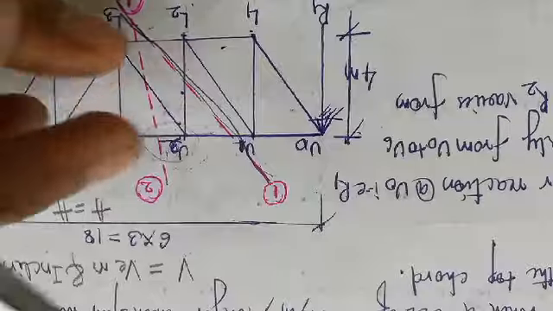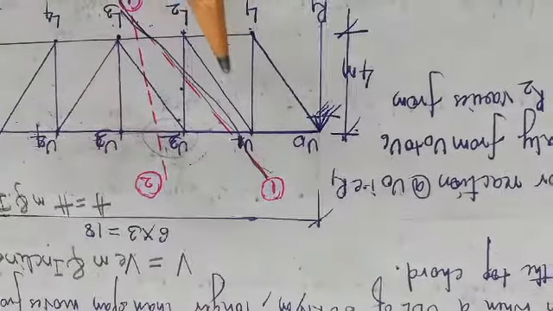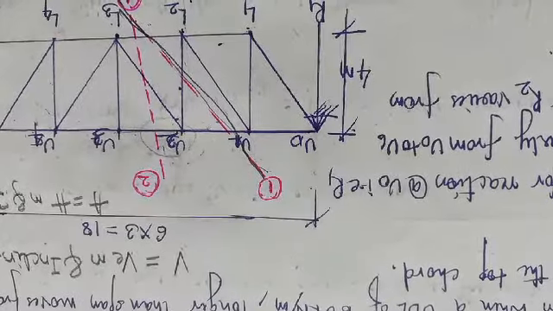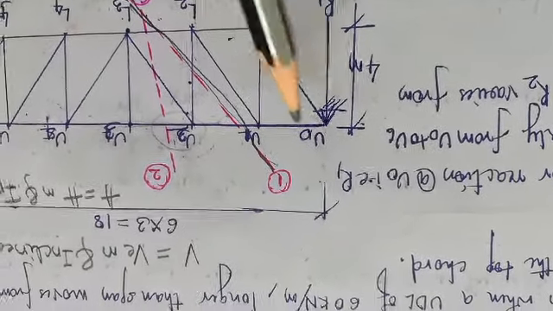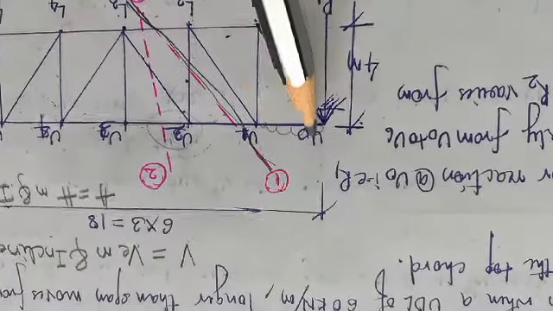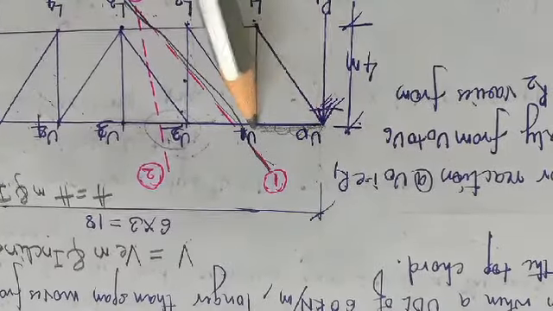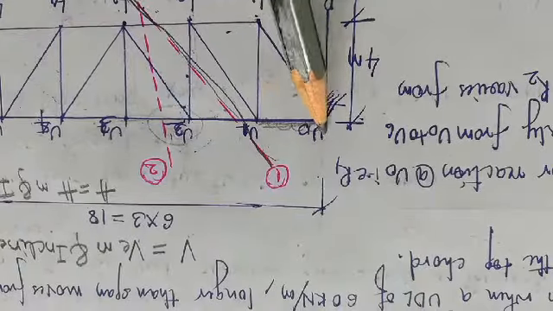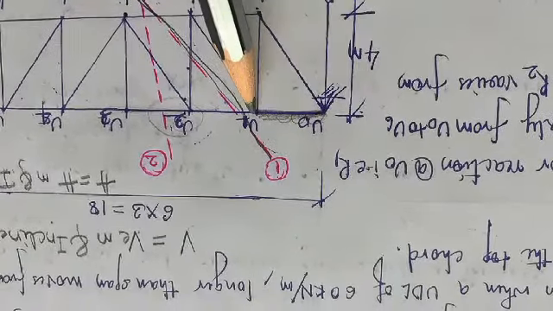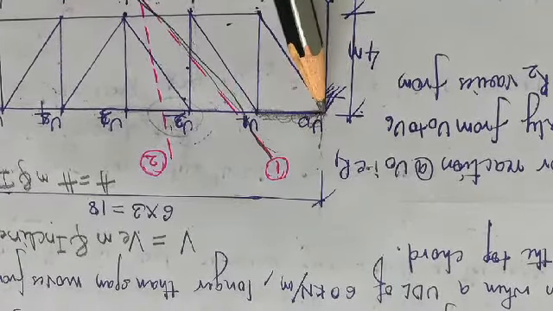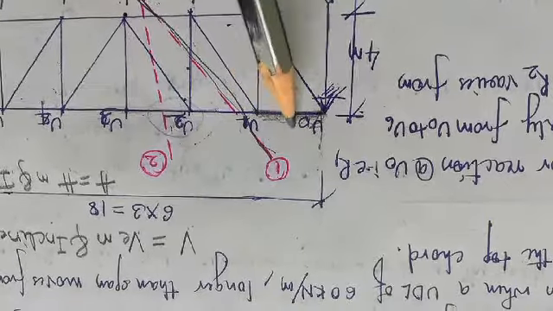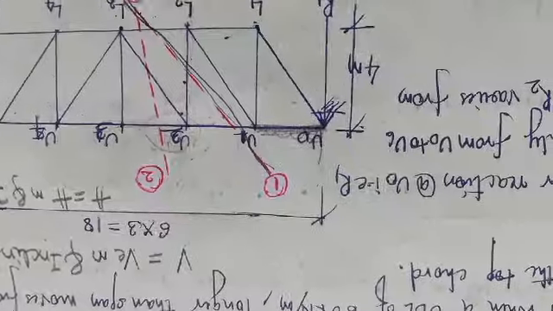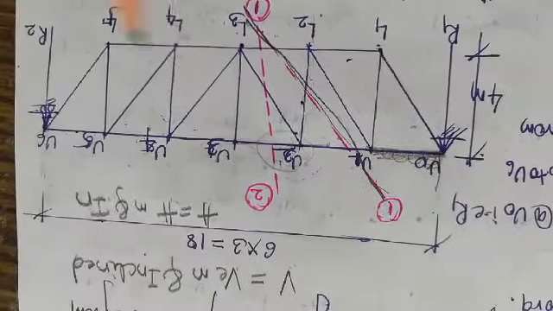So this divides the truss into a left hand section and a right hand section. Now when the load is in the left hand section, from U2 to U1, and the point load is moving in this section, we have to take the equilibrium of the right hand side.